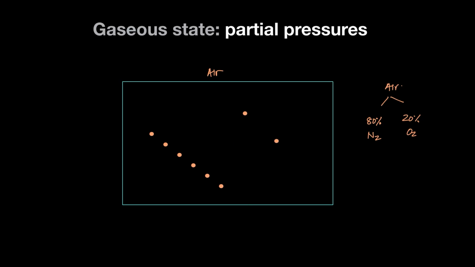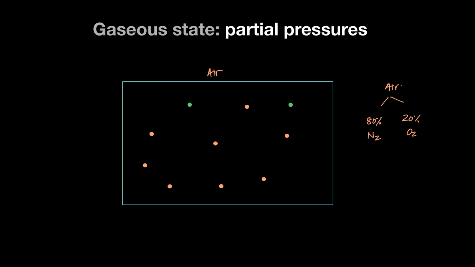So like in this room, let's say there are 8 nitrogen molecules, and now I need some oxygen also. So let's get green here. Imagine that is oxygen that I have just put in, and what that means is for every 10 molecules here, 2 of them are oxygen and 8 of them are nitrogen, right?